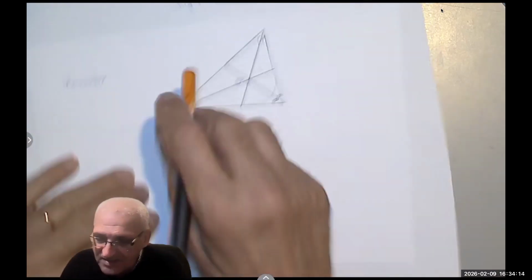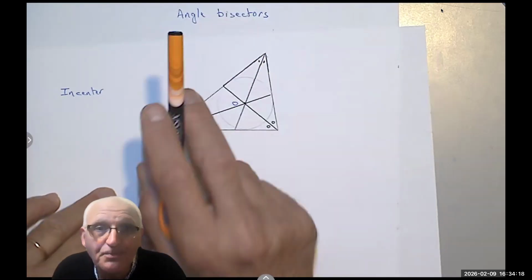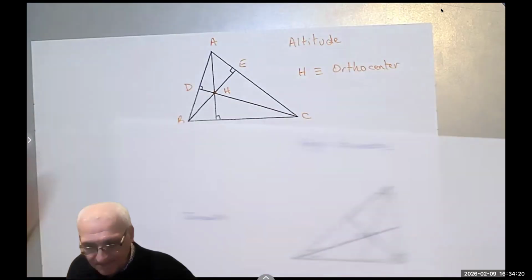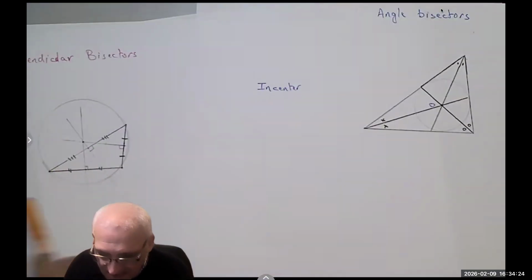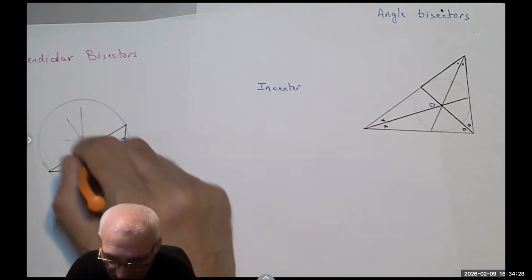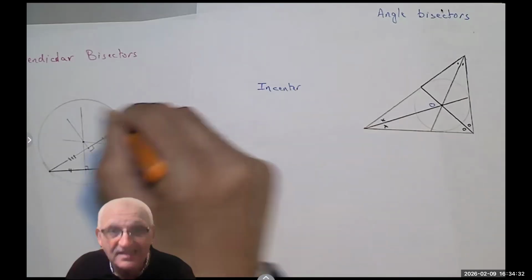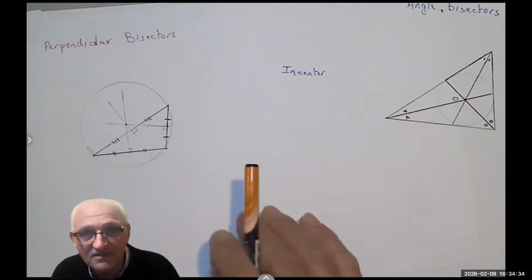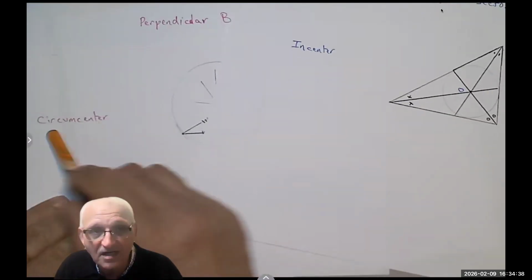And then we said instead of angle bisectors, if we did the perpendicular bisectors, you get the circumcenter. This center is the center of a circle where the triangle vertices lie on its circumference. Hence the word circumcenter, from circumference.